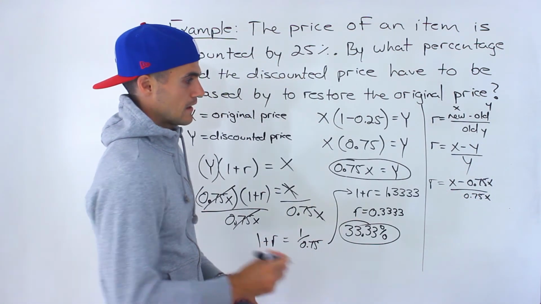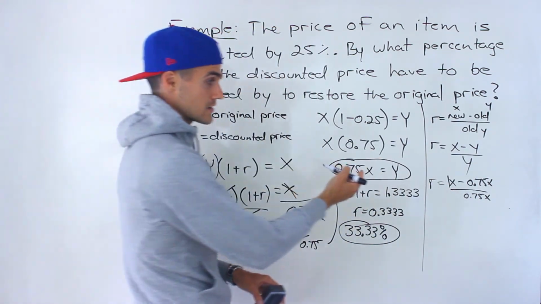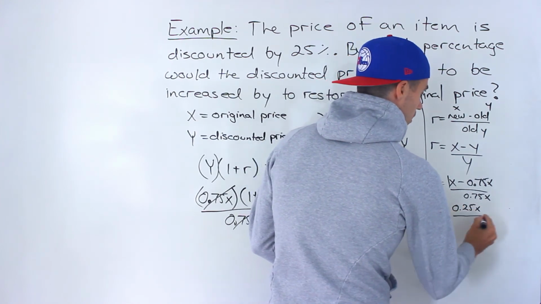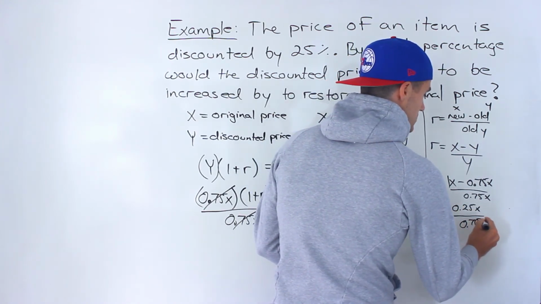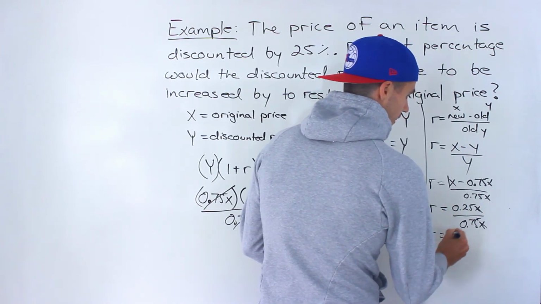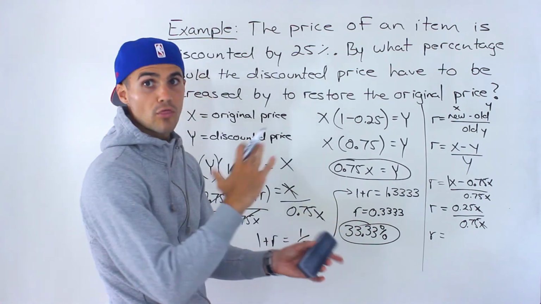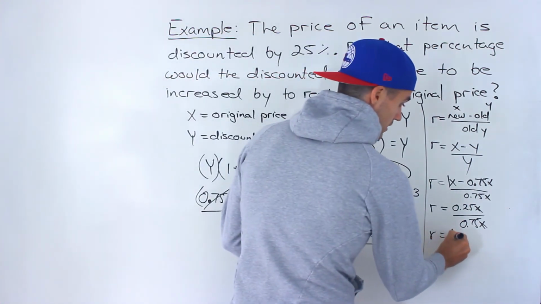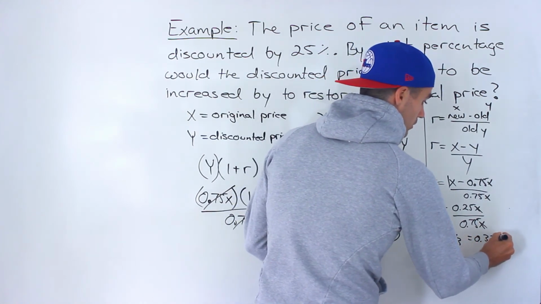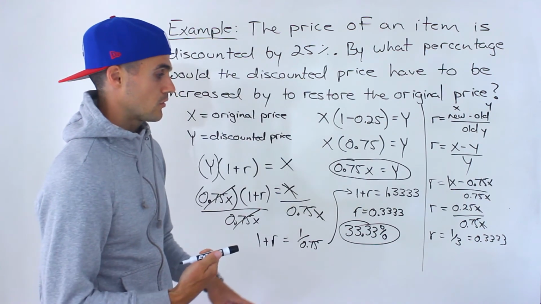Notice this is like a 1x here, so 1x minus 0.75x, those are like terms. That gives us 0.25x over 0.75x. Notice the x's cancel out. And 0.25 over 0.75, 0.25 is 1/3 of 0.75. So this would just end up being 1 over 3, or 0.3333, which is what we got over here, which is the same as 33.33%.